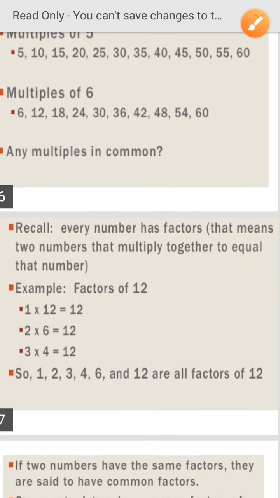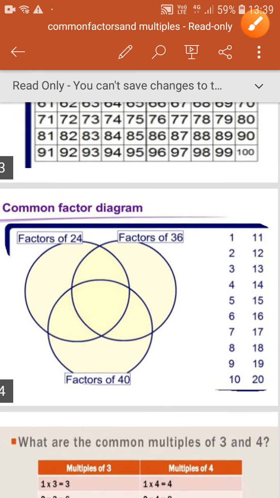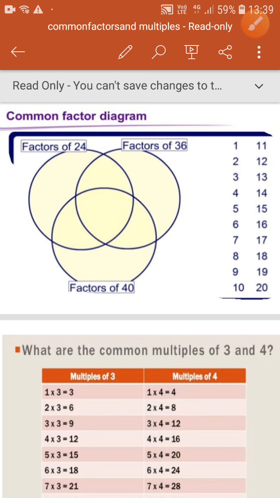Now moving on to the common factors. As you can see here, when we talk about two students of class 6, what is common in them? They are studying in the same class, so that is the common thing. This same concept is used in numbers also. The factors which belong to two or more numbers are called common factors.